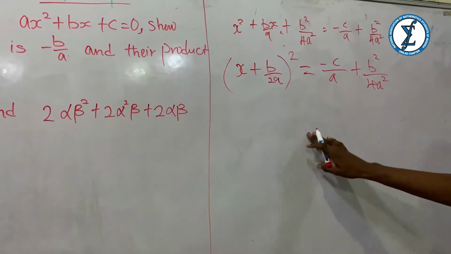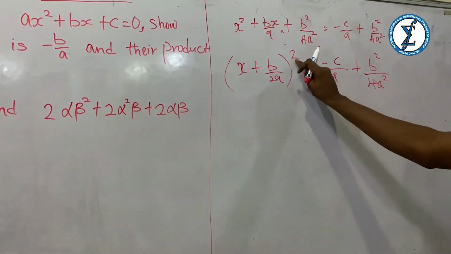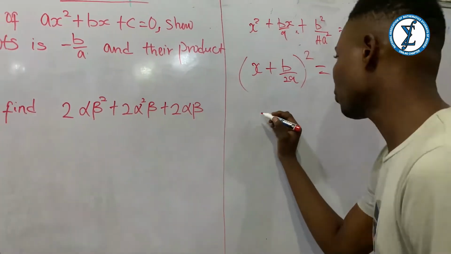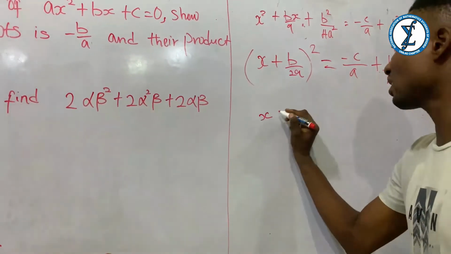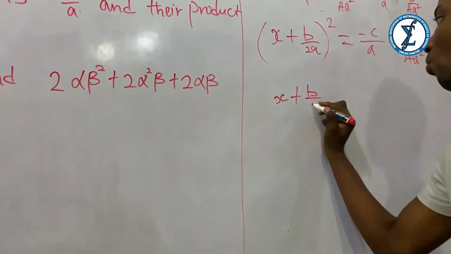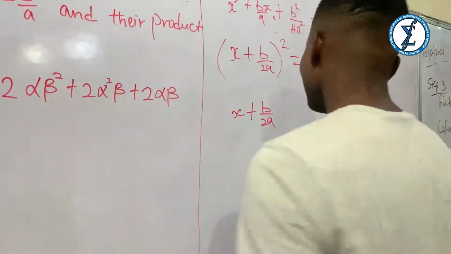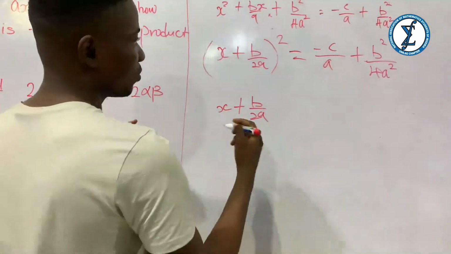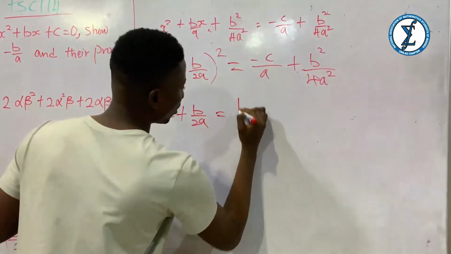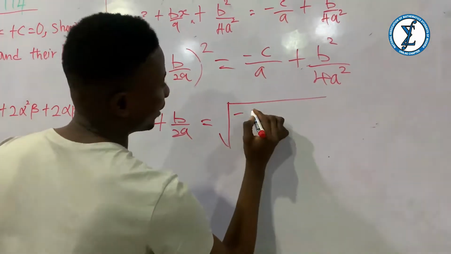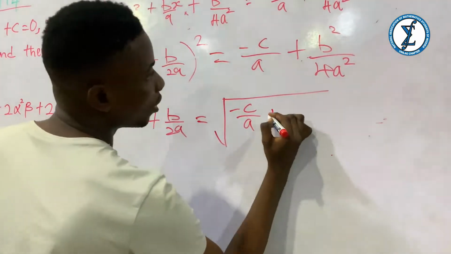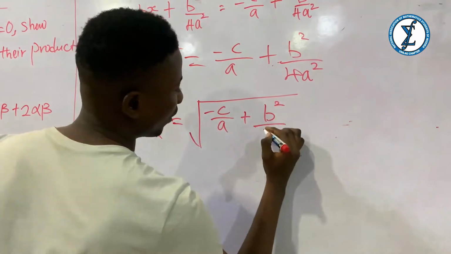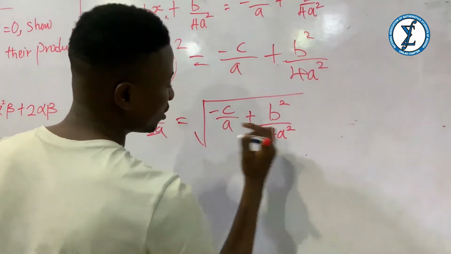Now, we can take the square root of both sides to remove this square from this place. So if we take the square root of both sides, we'll have x plus b over 2a equal to the square root of minus c over a plus b squared over 4a squared.